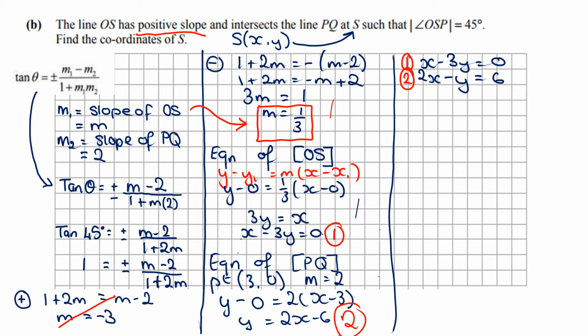So we're going to multiply the top line by minus 2 to get that to cancel. So we get minus 2x plus 6y equals 0. Gives us 2x plus y equals 6. These cancel. We have 7y equals 6.